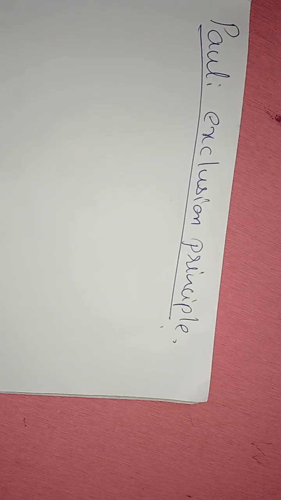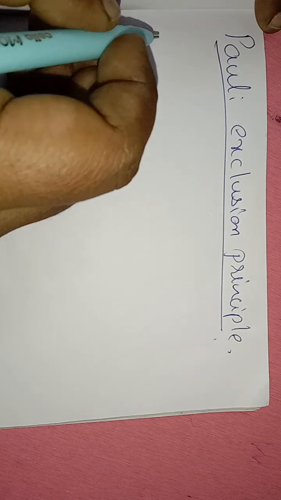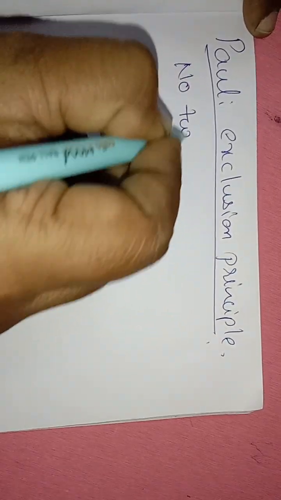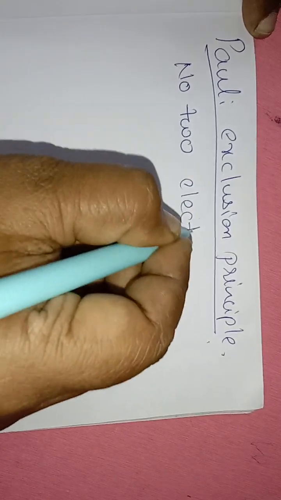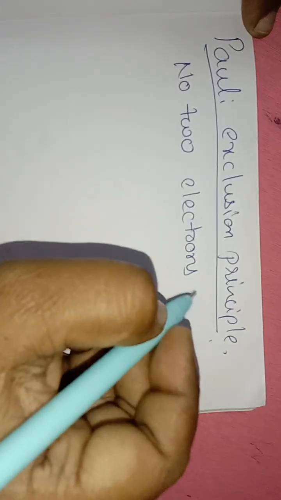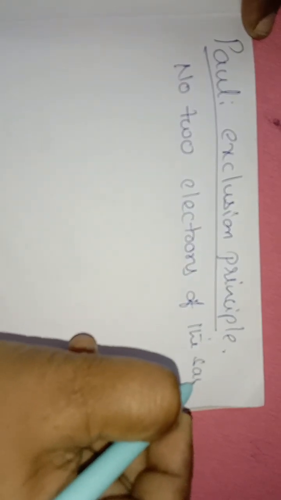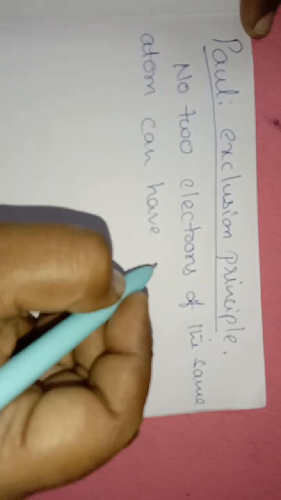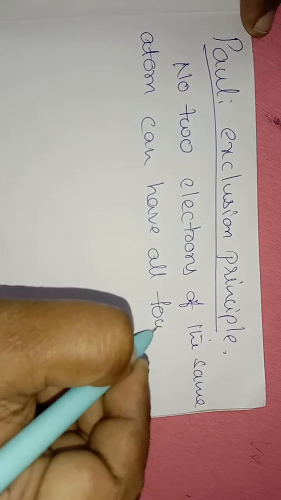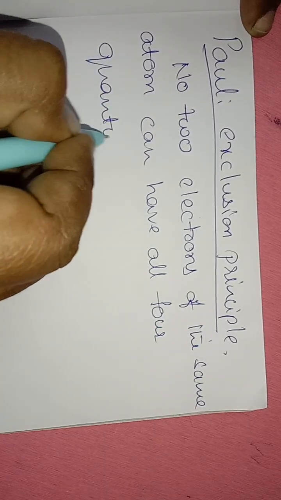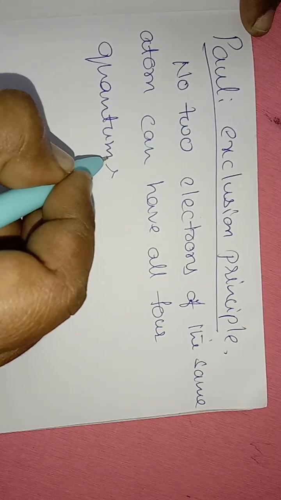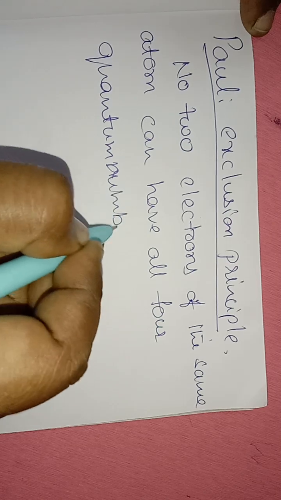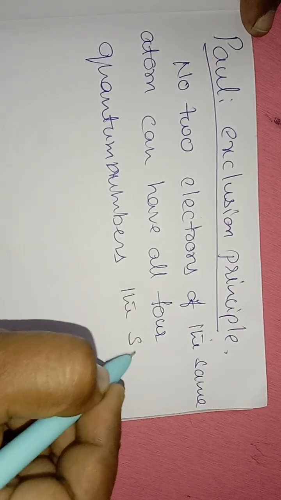Pauli's exclusion principle states that no two electrons of the same atom can have all four quantum numbers the same.